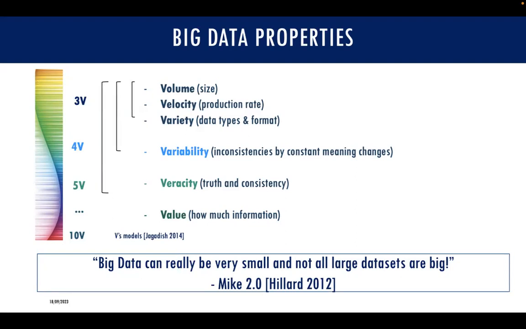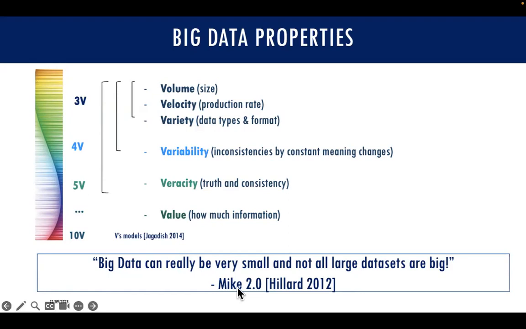Then there was veracity that we discussed, then the 5V model went to value, and then there are 10V models, etc., with many different V's that in fact address aspects of big data in specific disciplines.